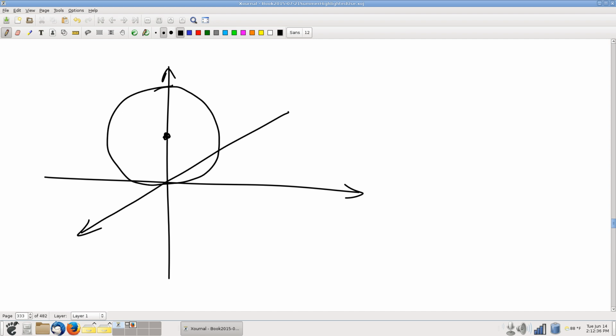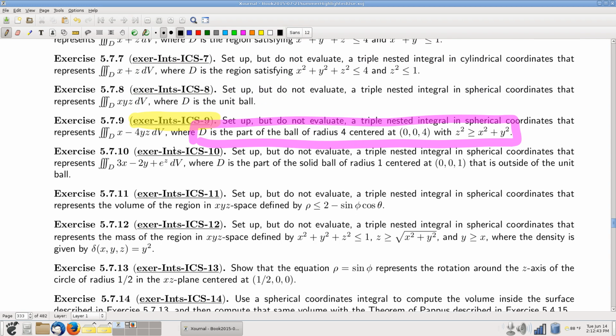This is 4. Cool? Right, now let's see, what else do we know? But we're interested in the part where z squared is greater than or equal to x squared plus y squared.